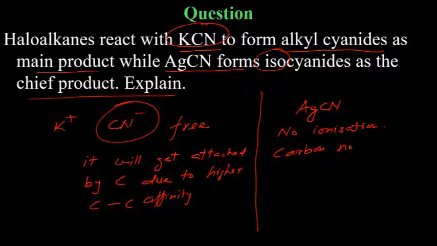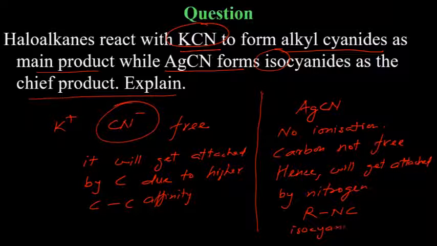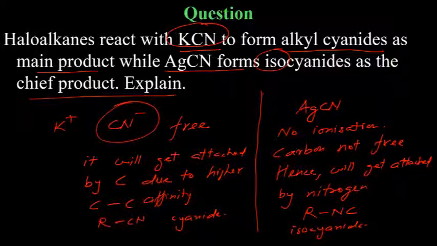Carbon is not free, hence it will get attached by nitrogen. So that's why RNC, isocyanide. In the other case, RCN, cyanide.